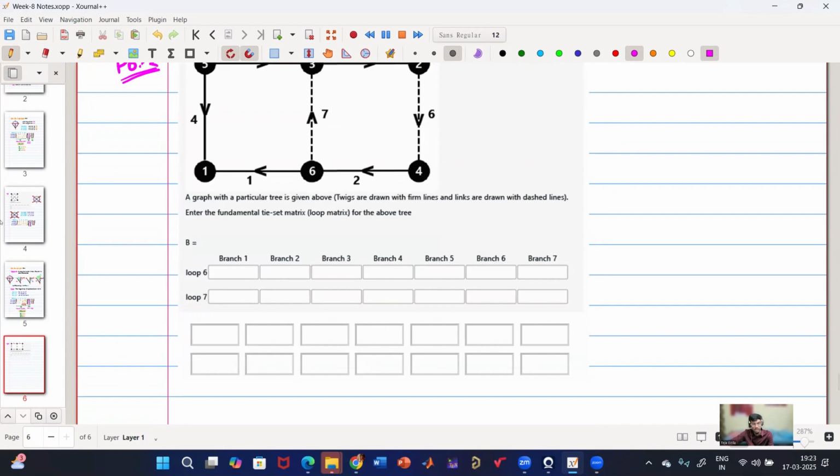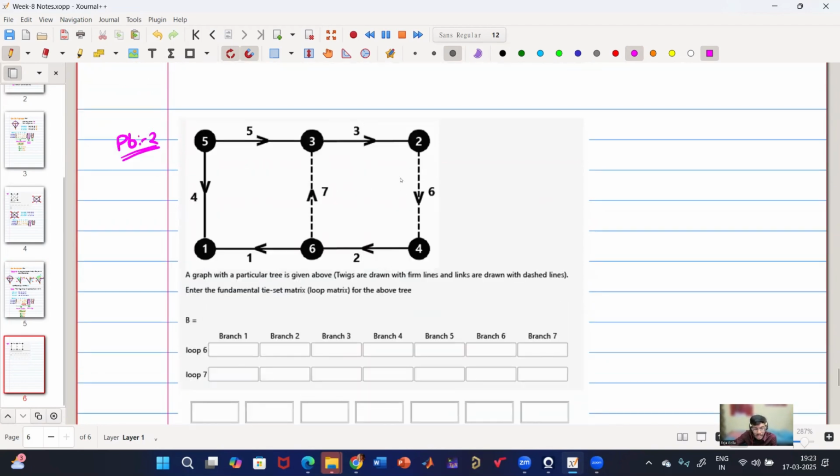Okay. So now how many elements are there in this problem? 7. And how many nodes? 6. So how many twigs will be there?